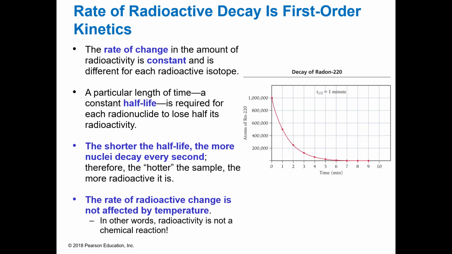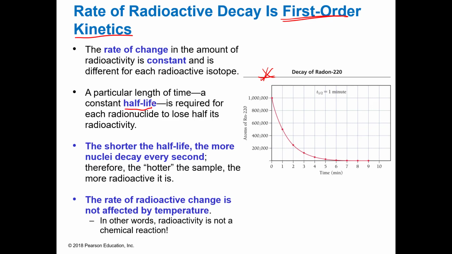This rate of decay is a first order kinetics decay. The rate of change in the amount of radioactivity is constant, and it's different for every single isotope. You can see a graph for each one of those, and a constant that we look at is called the half-life.